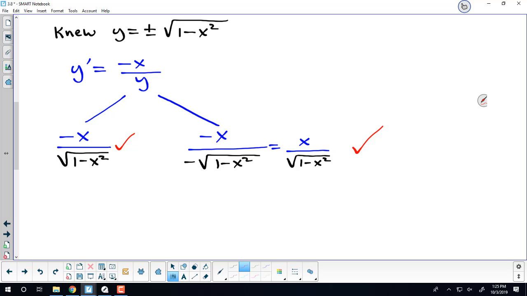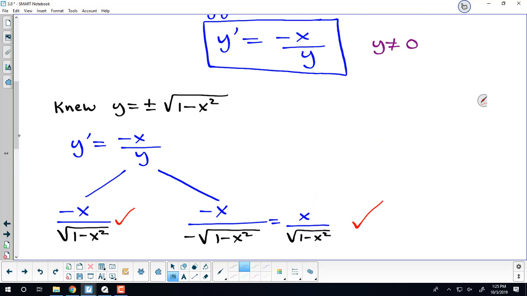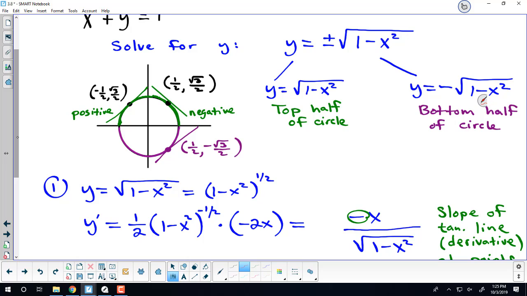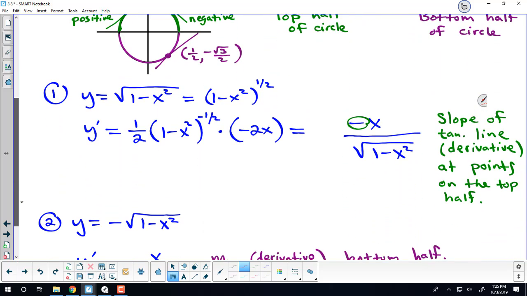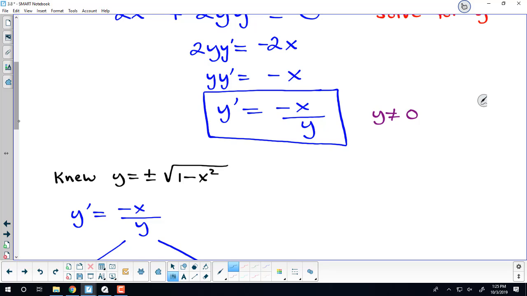The only difference is if we've got this derivative we took implicitly, negative x over y, and we want to go back to any point on the unit circle and say, what's the slope at 1/2 comma root 3 over 2? Instead of the setting where we just had to plug x into our derivative to get that slope, in this setting we have to plug x and y into that expression to get the slope. So that's the only difference.